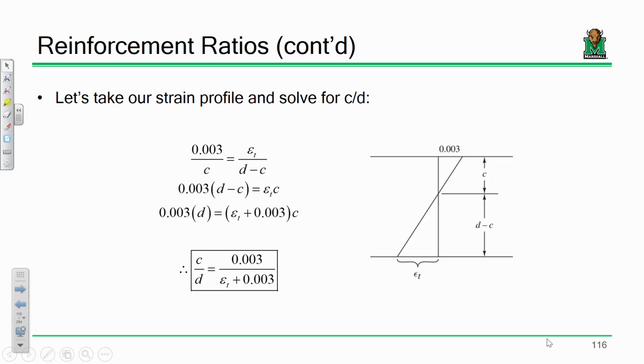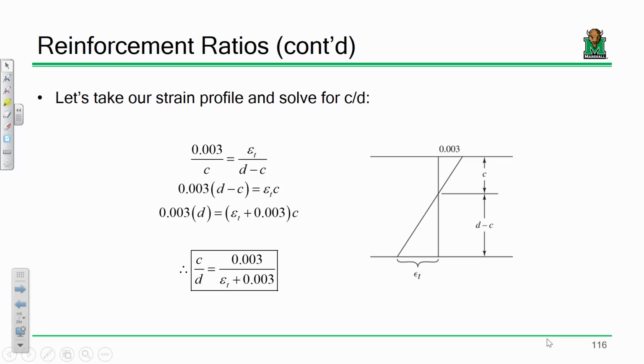Another rho value that you could use would be, okay, give me a reinforcement pattern that'll generate a target strain value. So I can say, okay, I want the strain in the steel to be 0.01. So I plug that in here. If I know what I want my strain value to be, maybe I'm doing that so I can ensure I'm not going to have to go back and iterate my phi value, or I really don't want to have to do that.